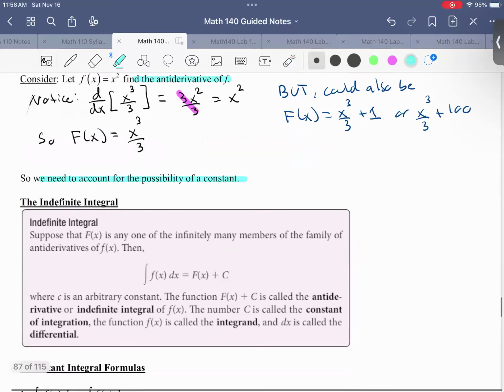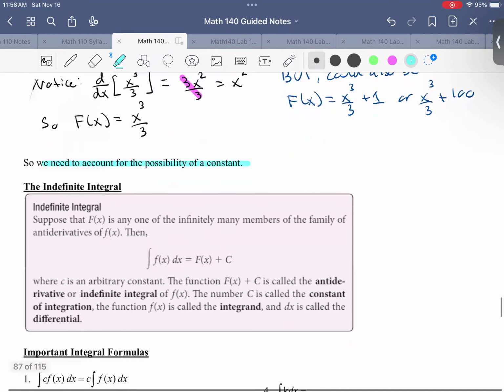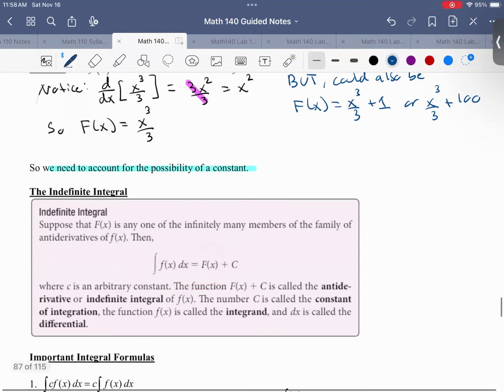So here's a definition of an indefinite integral. Suppose that capital F of x is any one of the infinitely many members of the family of antiderivatives of f of x. So that means the integral of f of x is going to be your antiderivative plus c, that constant.